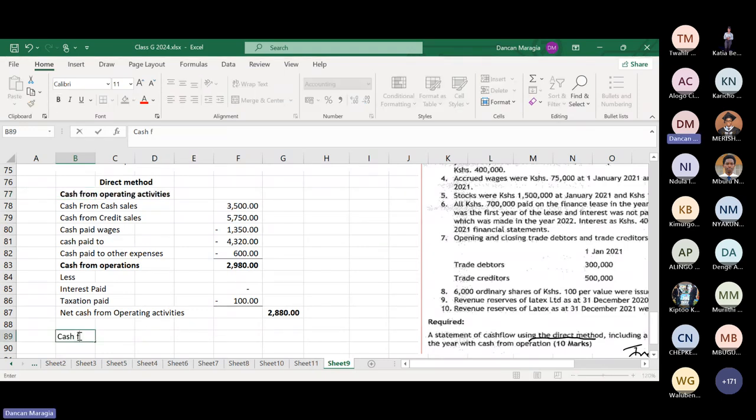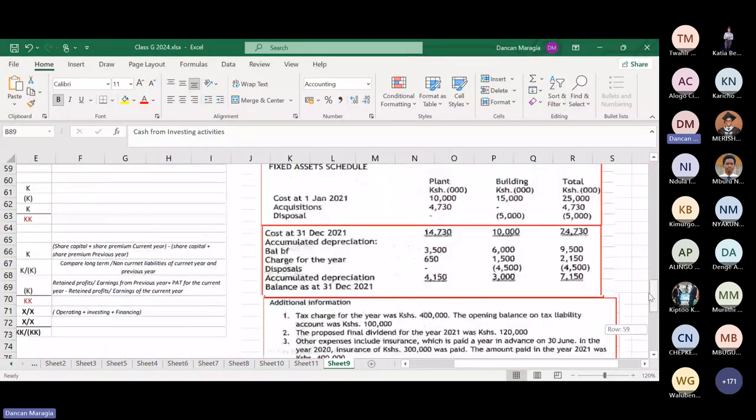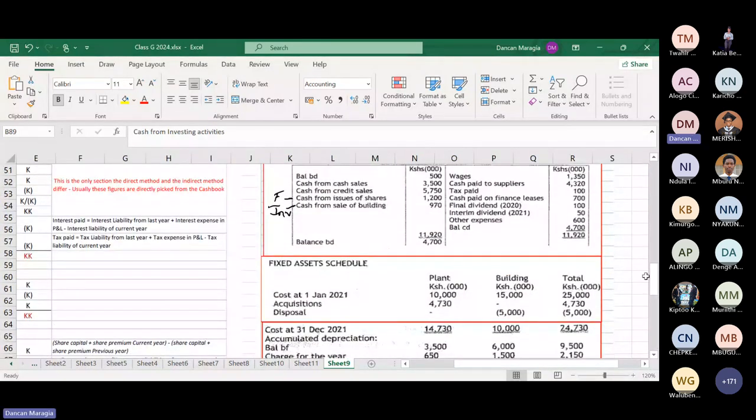And then we had cash from investing activities. So for cash from investing activities, we start with the inflow. Did we have any in the cash book, any cash received from sale of non-current assets, which was the cash from sale of building?